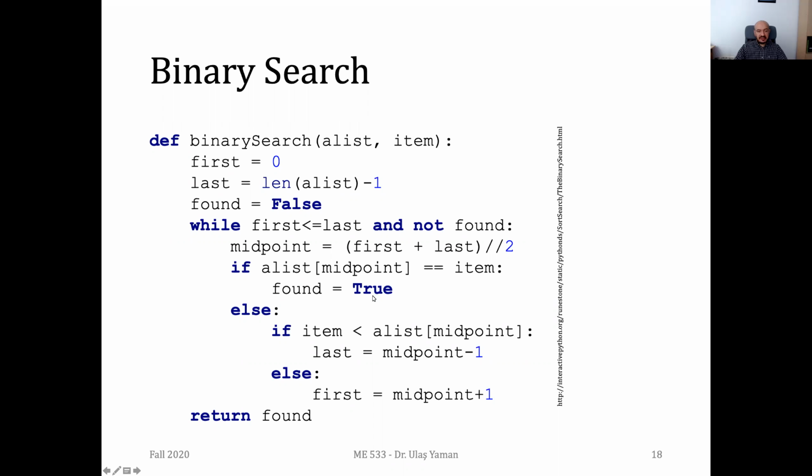If it's the midpoint, then we can stop this search. But if it's not the midpoint, then we need to do some arrangements, find the new higher point or the last point, and find the lower point or the first point. So we continue the search until we come up with the item, or if the item is not there, then we can finish this job once you cannot divide this range anymore.